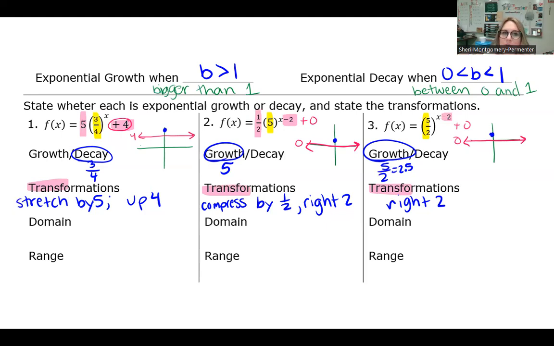So first I'm going to start with my growth graphs. My growth graphs go positive forever, so it will look something like that. This is basically like the first one that we drew. It goes up forever. It doesn't really matter what else is going on.